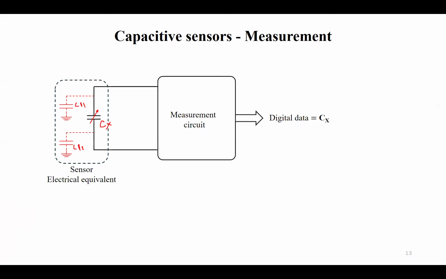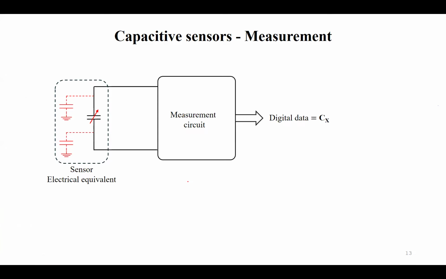So how to measure the value of capacitance Cx? The big question, right? So if I can measure the Cx value, I can measure the measurand. So what are the conventional ways and what are the challenges in the conventional methods, and how to overcome those challenges to accurately measure the Cx?